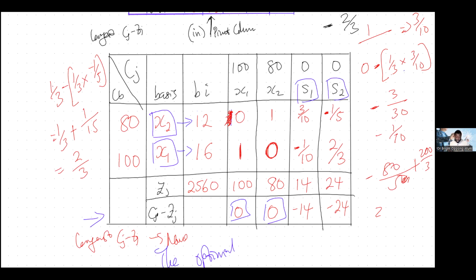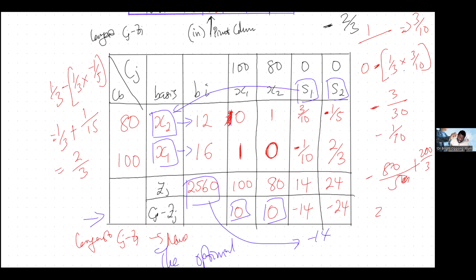Good. So the values in the S1 and S2 columns imply that introduction of S1 into the basic variable is going to reduce this profit by 14, right?